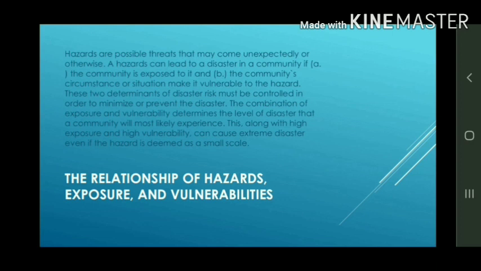Okay, so this explains that the occurrence of disaster depends on two factors: hazards, the probability of occurrence of a potential damaging phenomenon, and vulnerability, the degree of loss resulting from the occurrence of the phenomenon.